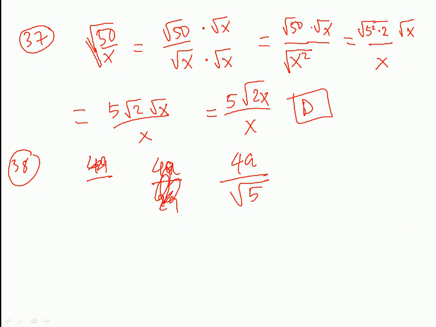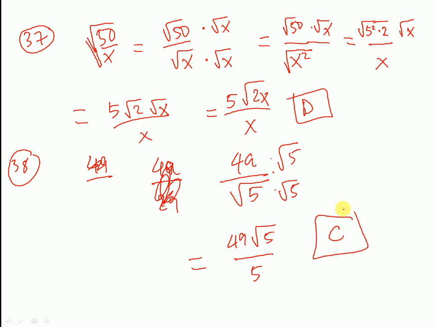Now, rationalize, that means I multiply the bottom by the same thing on the top and the bottom. Now these two become 5 only, and on the top I have 4a radical 5, or choice C.